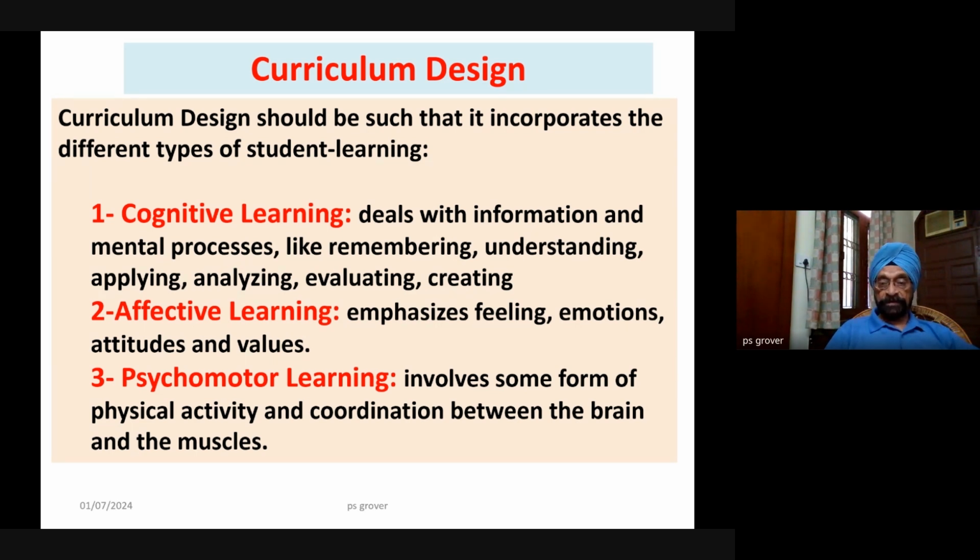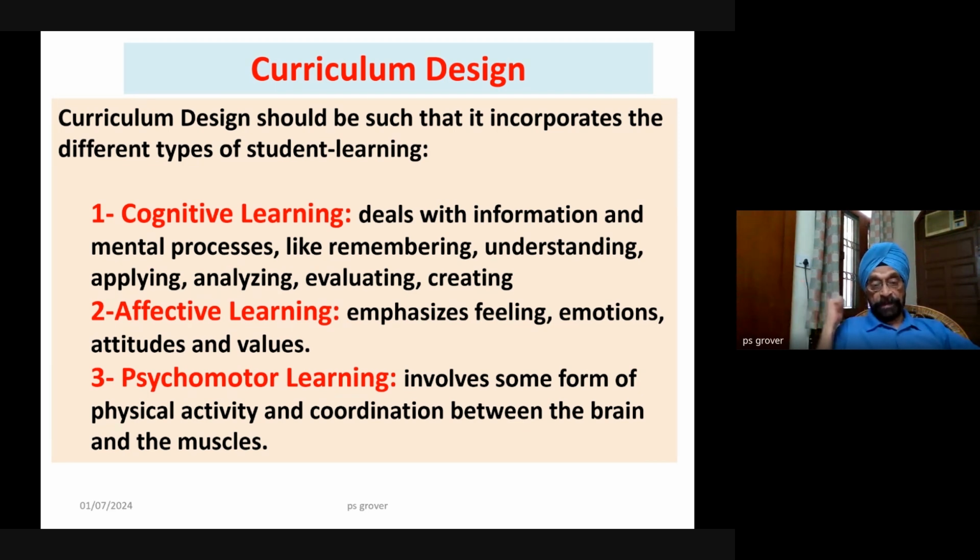And psychomotor learning involves some form of physical activity and coordination of the brain and the muscle. Now, please see here, you also know that human beings have different aptitude skills for different games. A person may be good in hockey, he may not be good in cricket. In the psychomotor learning stage, when physical and mental processes are coordinating, that means it involves manual abilities.